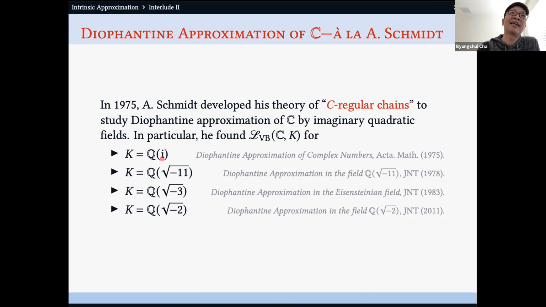So the Q of i case already appears in the main paper. And then he does different combinatorics and is able to deduce all very badly approximable numbers for 3 different imaginary quadratic fields.